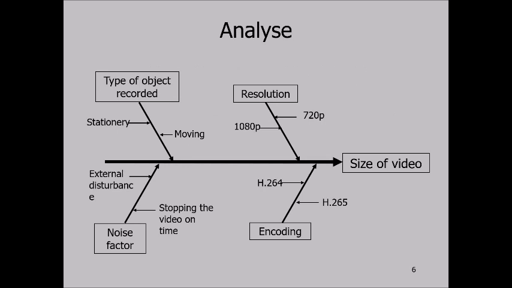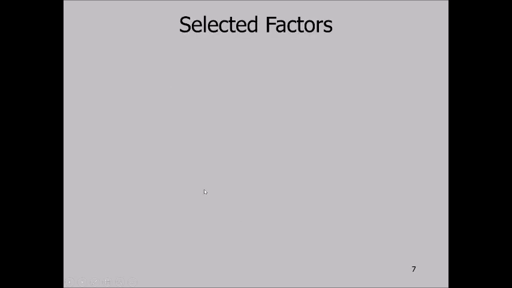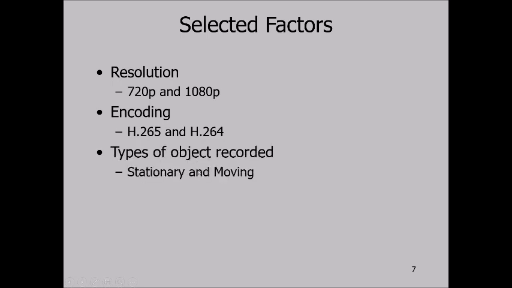This is our cause and effect diagram. We have three factors, and there are other factors that we did not include in our experiment, that is, noise factors that can disturb our readings. Selected factors are resolution, encoding, and type of object recorded.